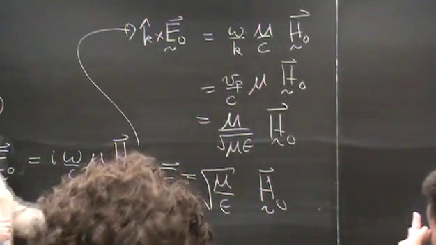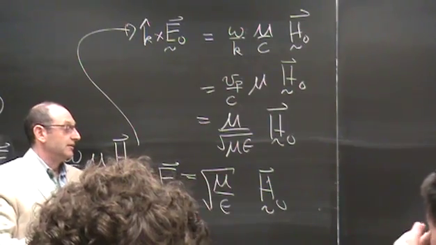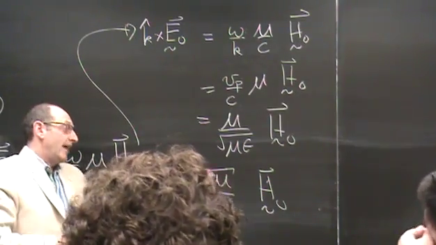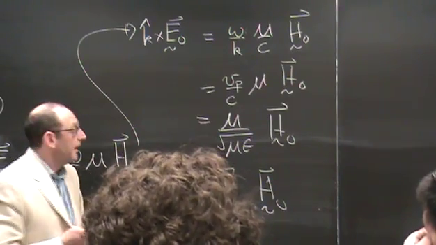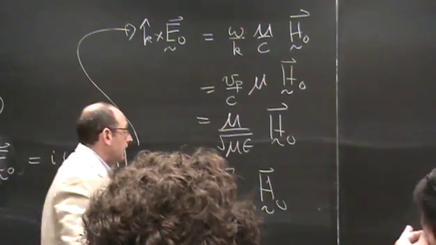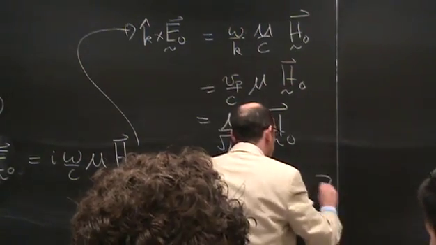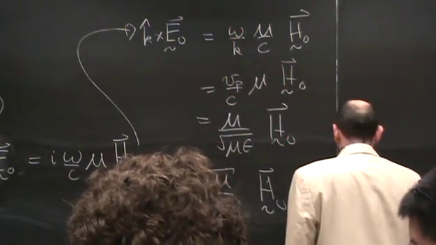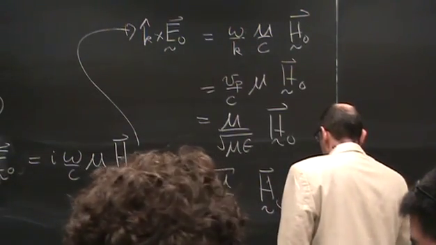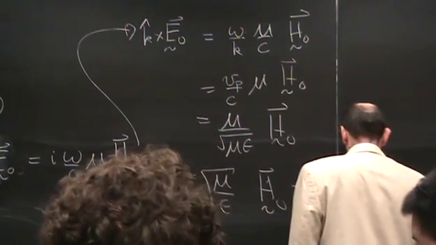Okay? So if mu and epsilon are equal, like they are in free space, then these guys are equal. But in general, they're not. And this constant, the square root of mu over epsilon, is known as the wave impedance.